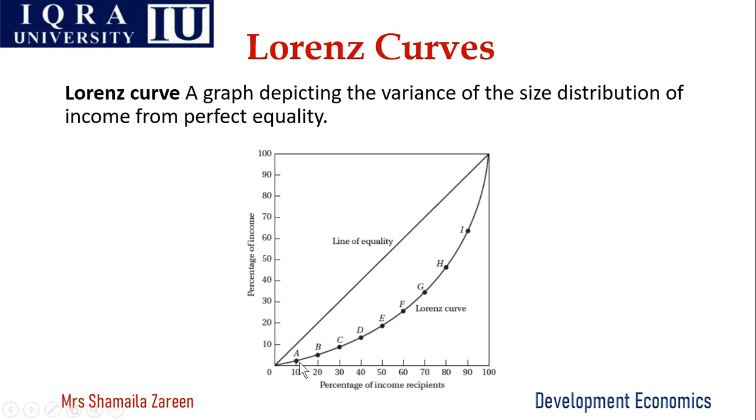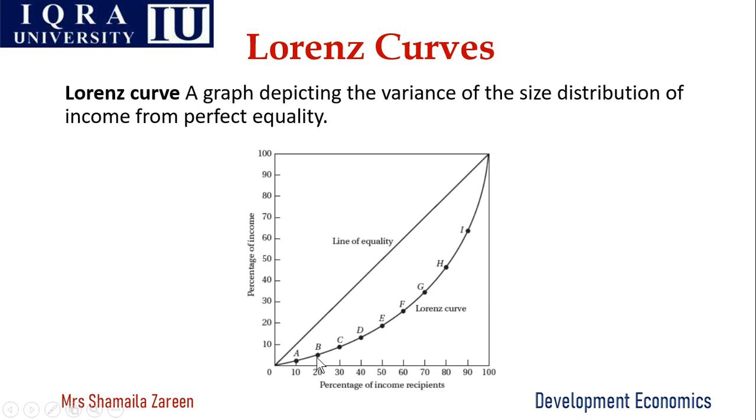So here point A shows the bottom 10% of the population receives 1.8% of the total income.